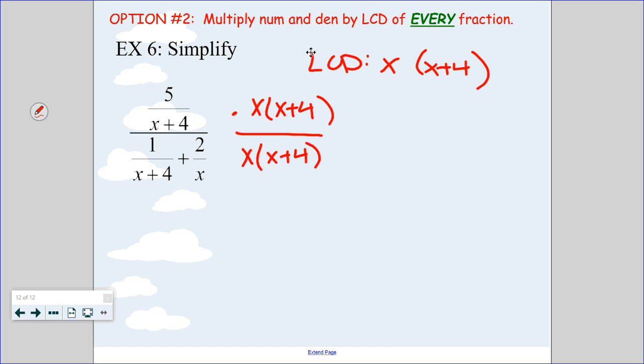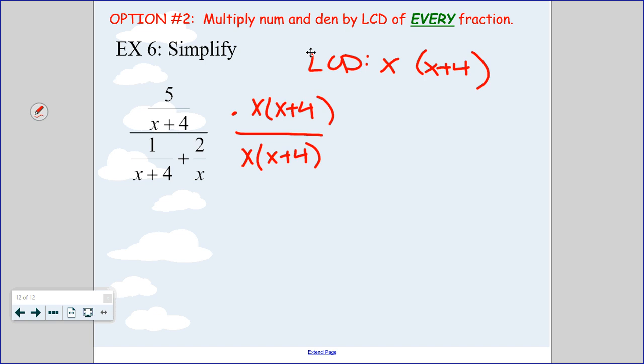Now, if I look at just the numerator, is this x times x plus 4 multiplying to the top and the bottom of this fraction, or just the top or just the bottom? If I write just this part, 5 over x plus 4 times x times x plus 4, it's just the top, because this is technically over 1.